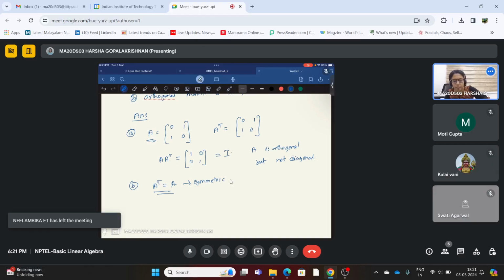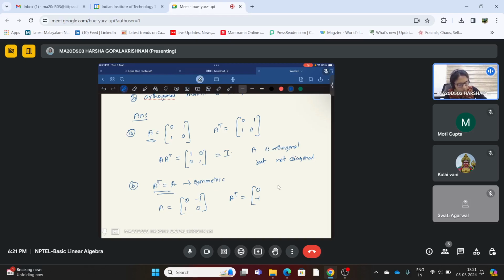Any idea? What if I take 0, minus 1, 1, 0? Now, what is A transpose? A transpose is interchanging the rows and columns, so the first row of A becomes the first column of A transpose.